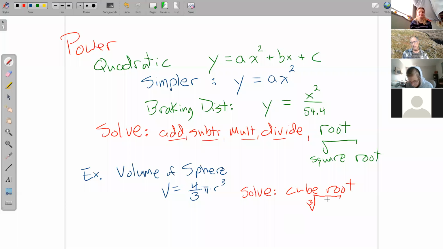And then we had to make sure we're good at using our calculator to take a cube root. And some calculators have a cube root button and some do not. The alternative for the calculators that didn't would be the power 1/3 is the same as the cube root.